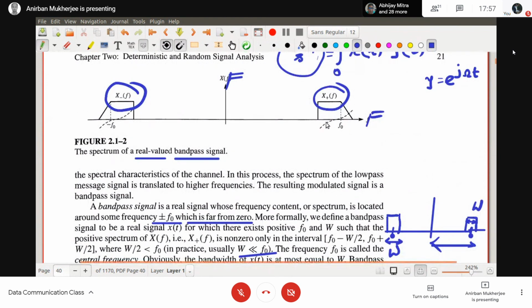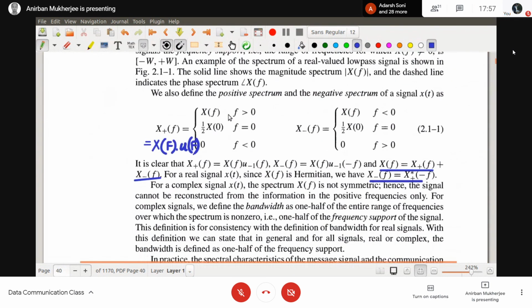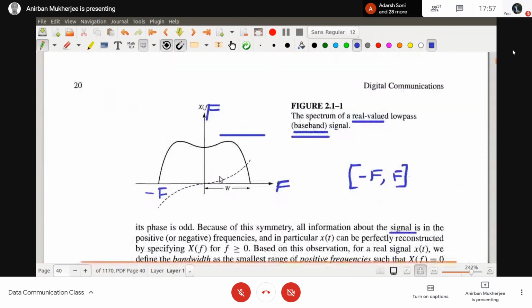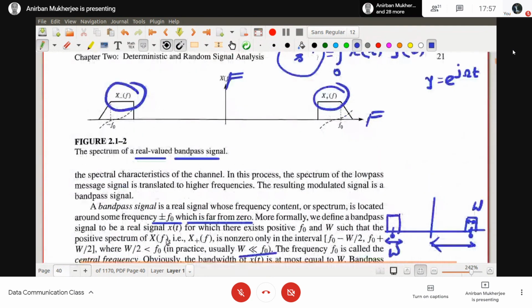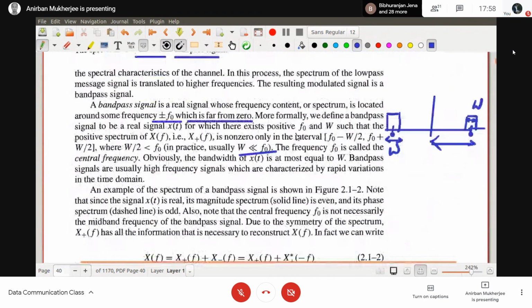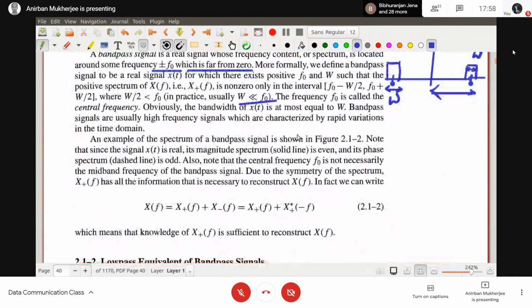Is the phase spectrum odd? Odd means it should pass through the origin and all these things. How can you say that? For baseband I understand, for baseband this is odd. But for bandpass, how does it become odd? Just read a little bit.